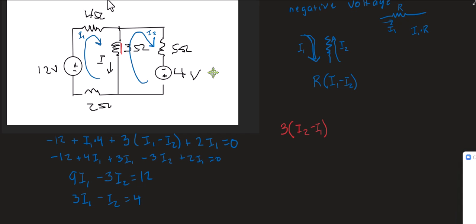This time it's I2 because I'm in the I2 loop, plus I2 times 5 minus 4 equals 0, or 3I2 minus 3I1 plus 5I2 minus 4 equals 0, or minus 3I1 plus 8I2 equals 4.